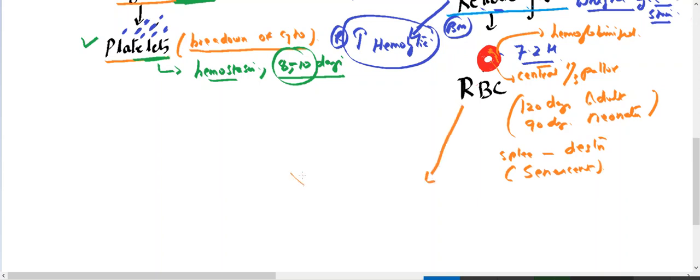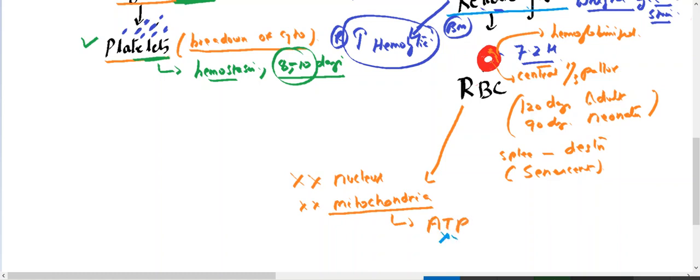RBCs do not have a nucleus, and do not have mitochondria. As you all know, guys, mitochondria is the powerhouse of the cell, and it generates ATP. But since the RBC does not have mitochondria, how does it get its energy?